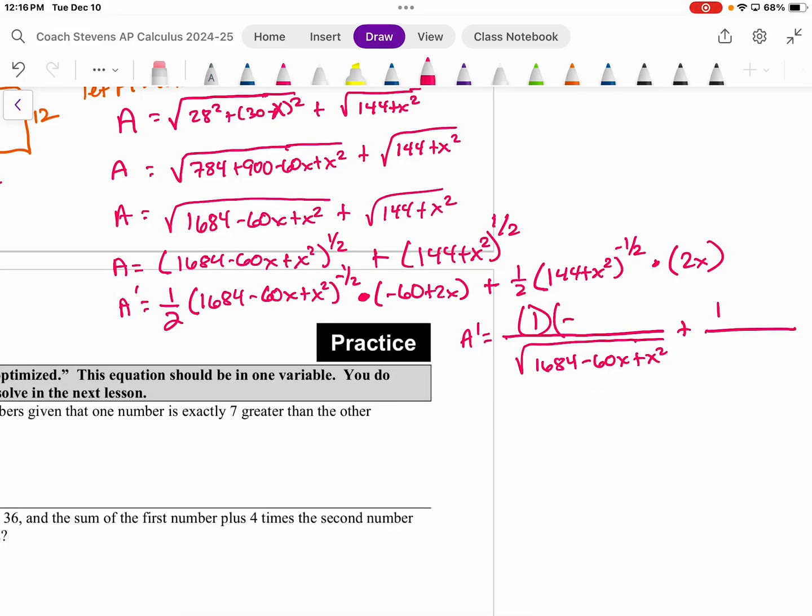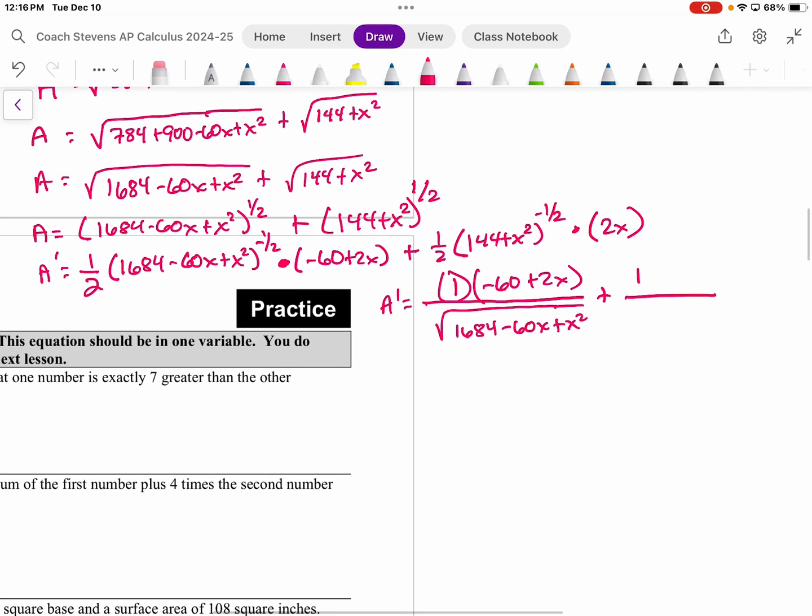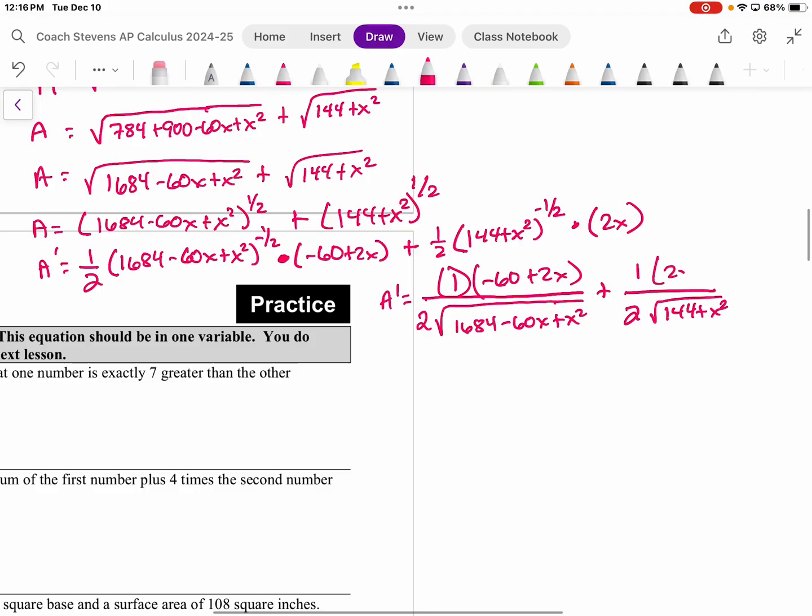Then I get to put the negative 60 plus 2x after the 1 on the top, so it's 1 times that. And then the next one, we get to put a 2 in front of that because we had a 1/2. Then the square root of 144 plus x squared, and then on top we have the 2x. Going to keep that close so I don't make any goofy mistakes.